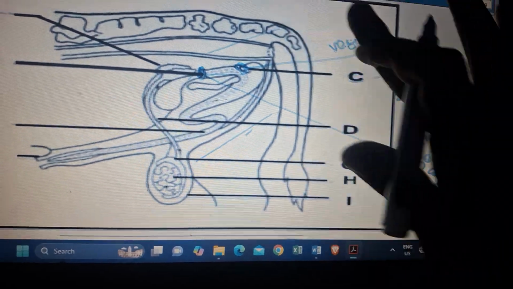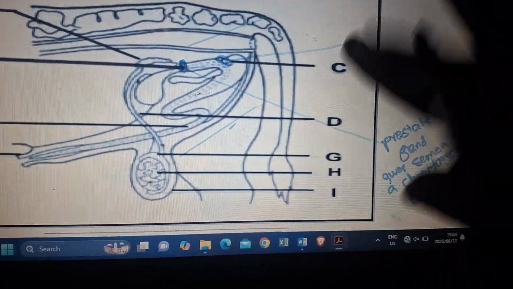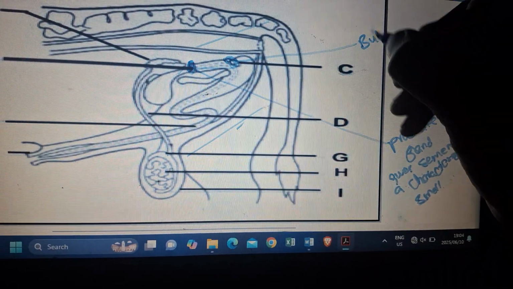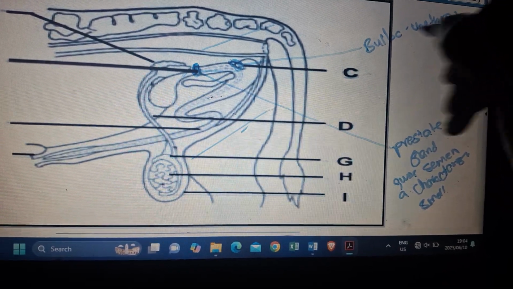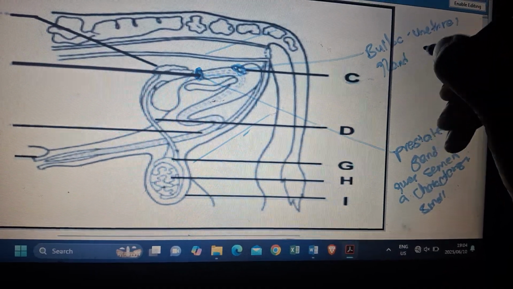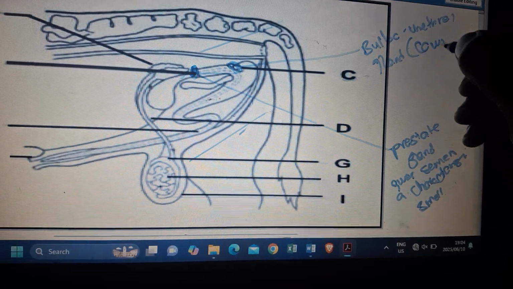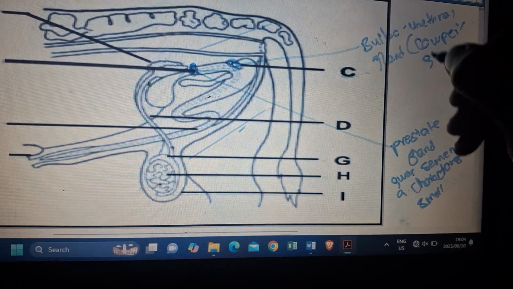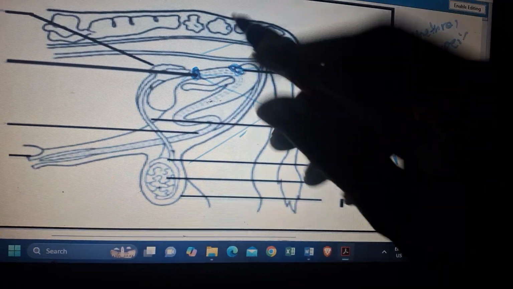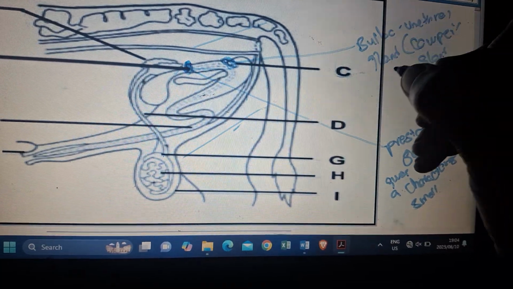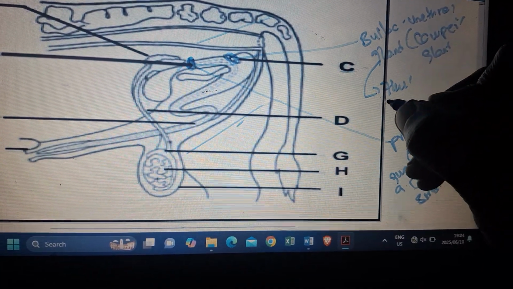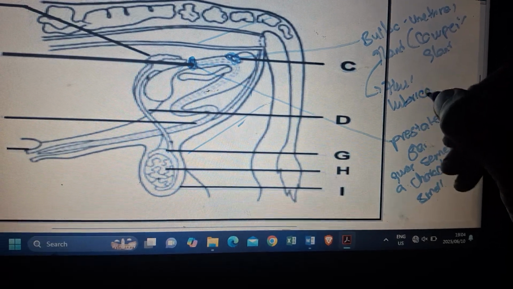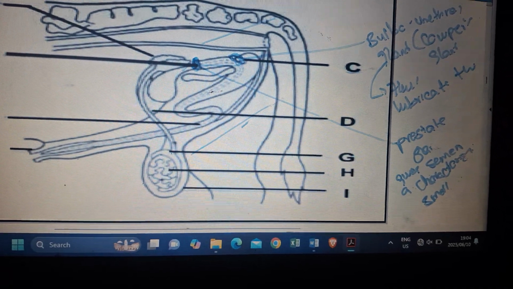This one is known as a bulbo-urethral gland, commonly known as a Cowper's gland. Right, so this one, the main function, this gland will produce a fluid that will help in what? That will lubricate the urethra.